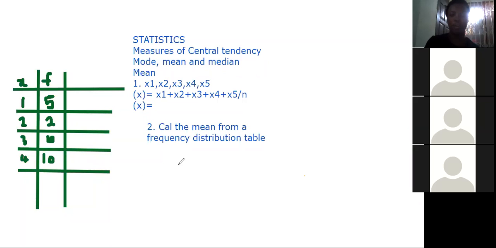Now, the formula for calculating the mean from a frequency distribution table is: the mean x bar is given by the summation of fx values. This is not f of x, so this is the summation of fx all over the summation of the frequency.